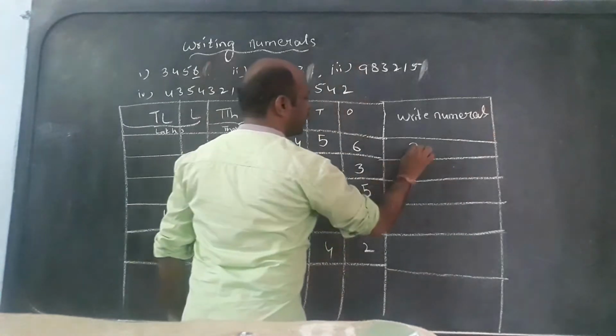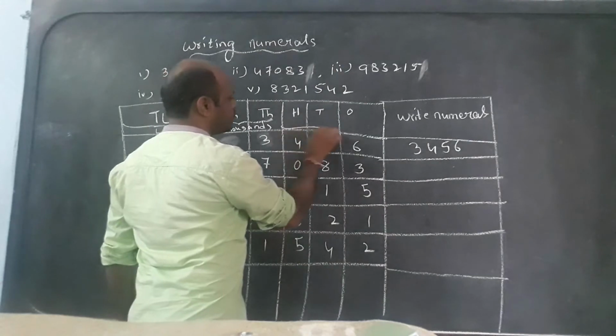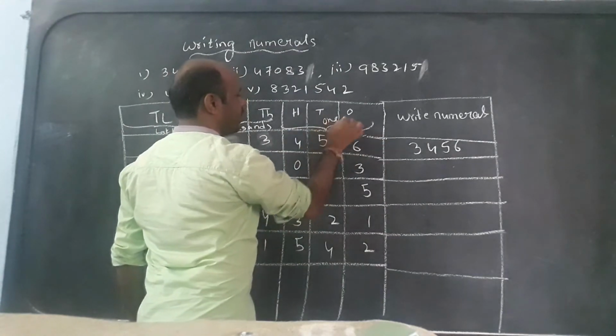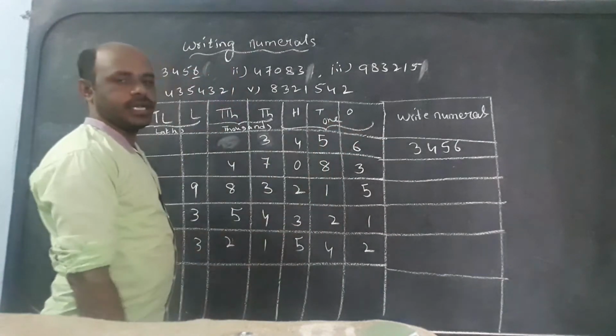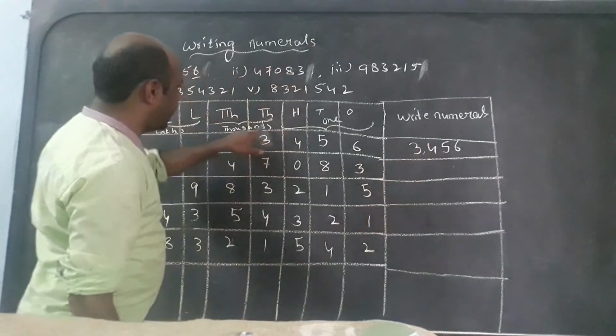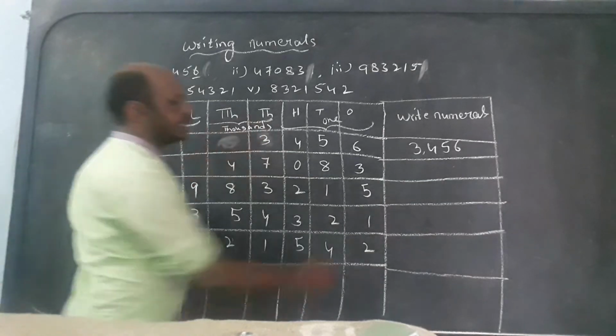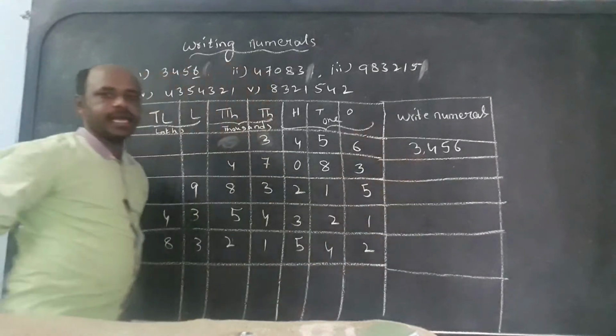See here. First, in the ones period, count 3 digits from right to left and keep commas. Then after the ones period, the thousands period starts. 3 is in the thousands period. That's why beside 3 I kept a comma.